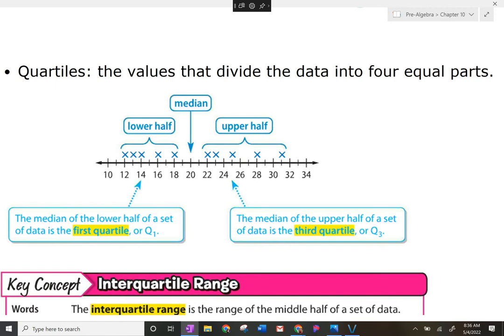Quartile looks like the word quarter. That's a fancy root word that means 4. So quartiles are going to be the values that we're going to divide into 4 equal parts.